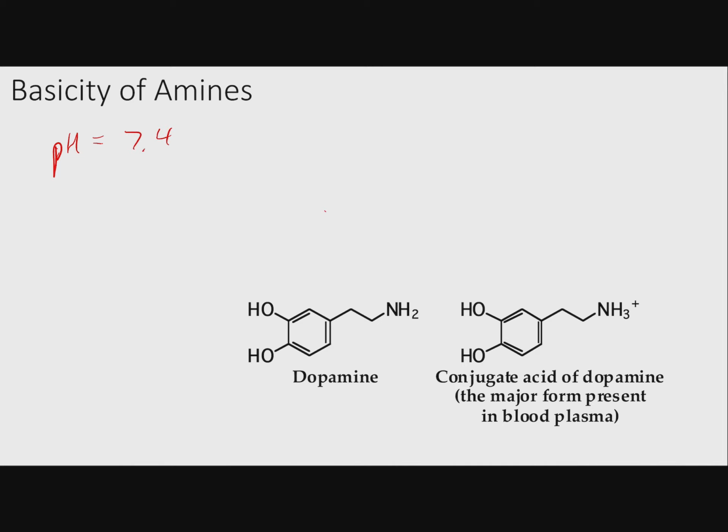Let me show you an example here. So here is dopamine, and here is dopamine in its protonated form. Now, it would take a really high pH to remove the extra hydrogen that's here.